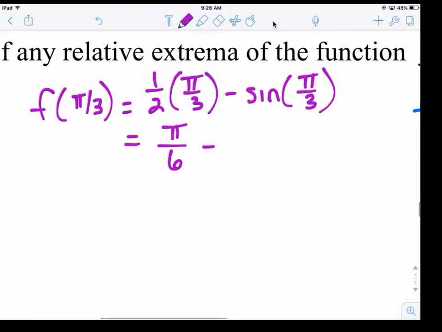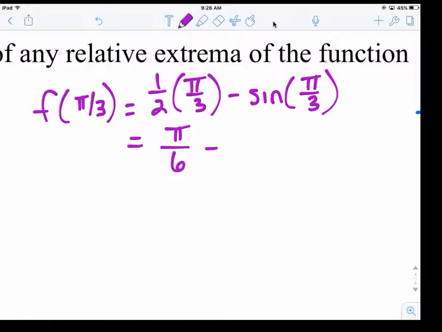That would be the original. We figured out the x values of where our extrema are at. Now we need to figure out the y values because they want both. You plug that into your original because this is going to be the point on the original equation. So what's sine of pi over 3? Good.